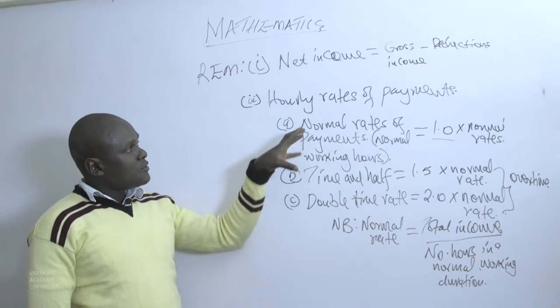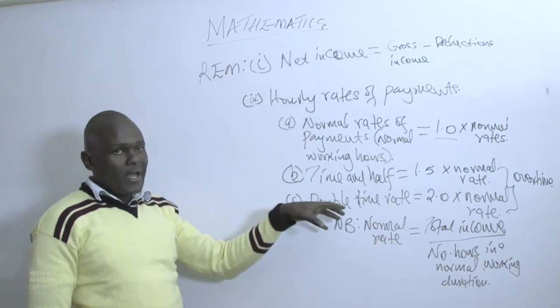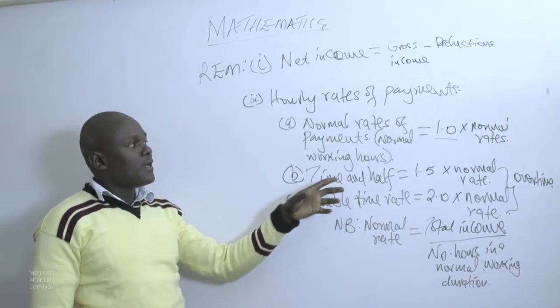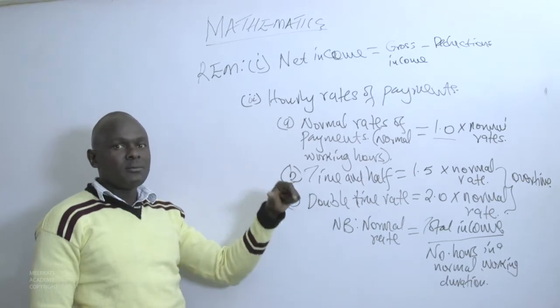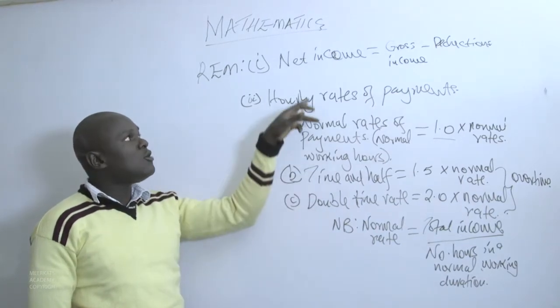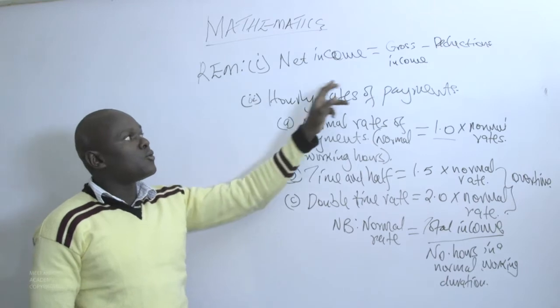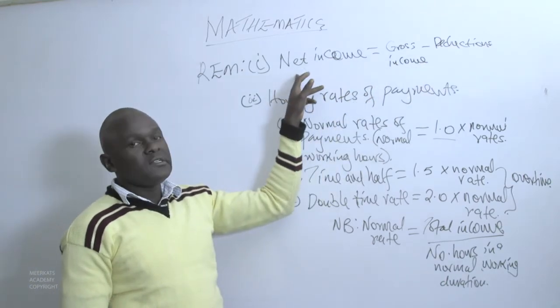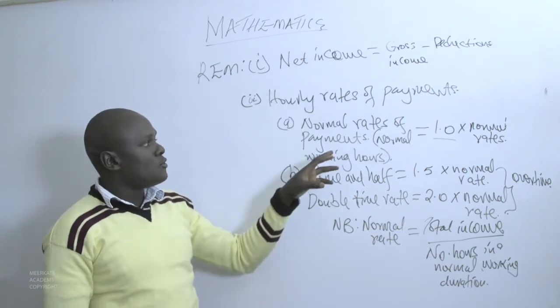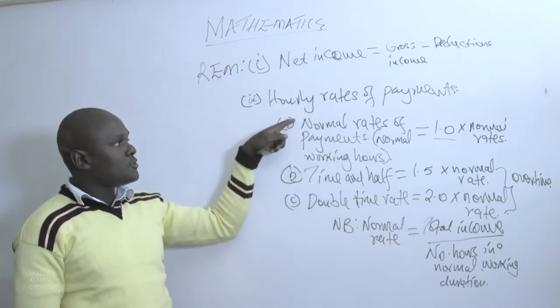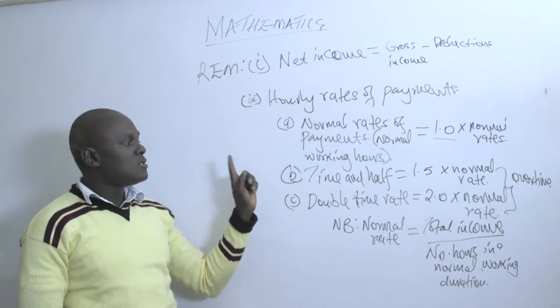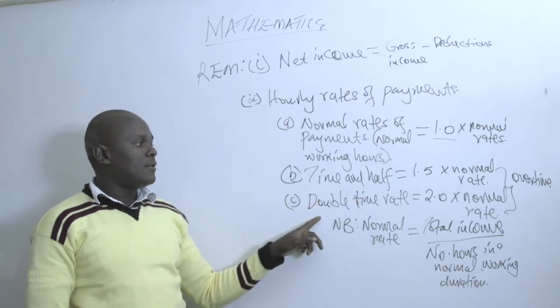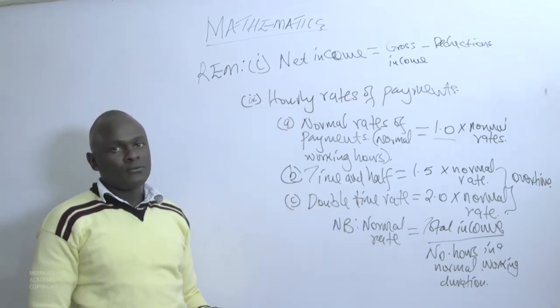So I just want us to have this knowledge as we move on and try to look at the calculations, because in the previous lesson we had looked at how to calculate the gross income, the deductions, and the net income. We also looked at how to carry out calculations involving the normal rates of payment, the time and a half, and the double time rates.